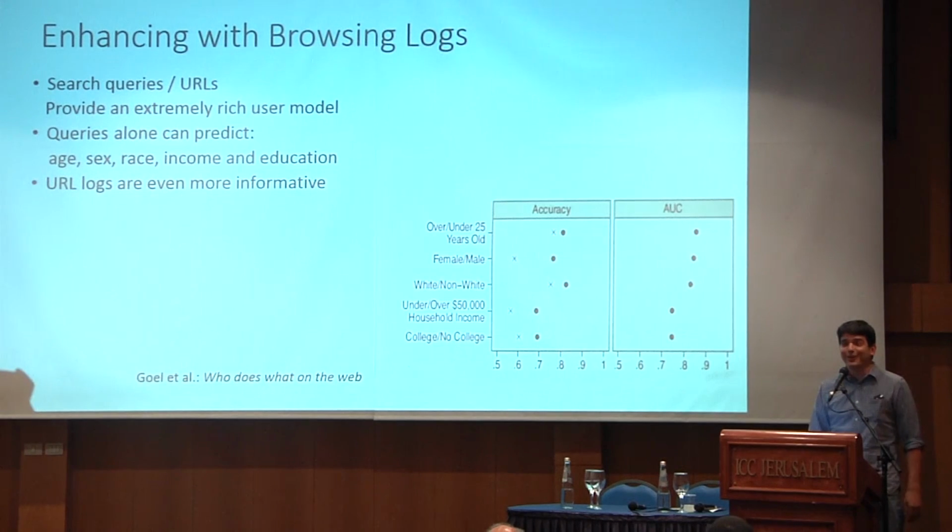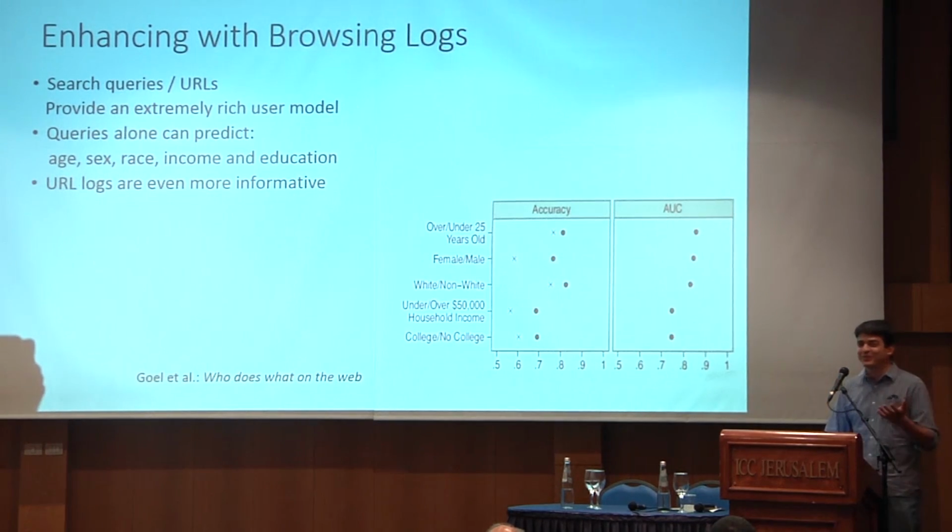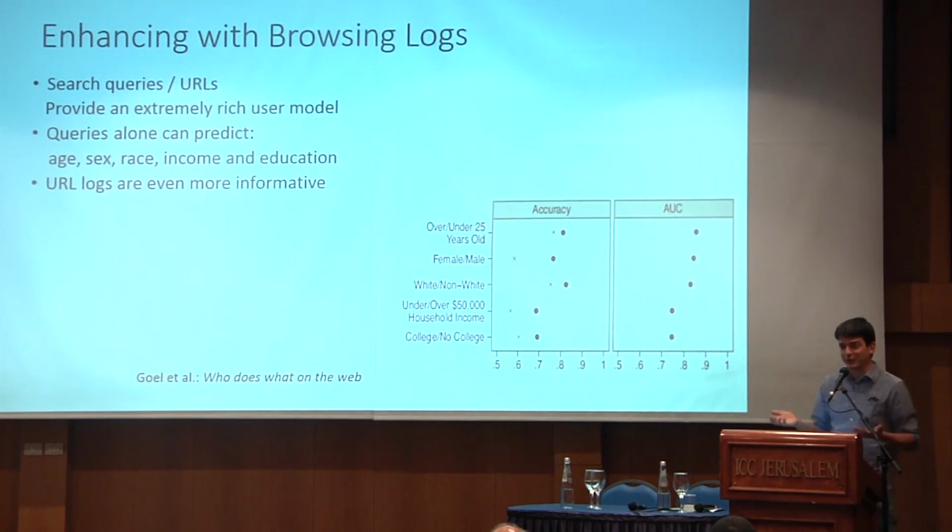And URLs are even better than that. Just consider the situation where you have an ambiguous query. There's the information retrieval example of Jaguar the car versus Jaguar the cat and so forth. Usually, that ambiguity is immediately resolved with the URL that you visit following your query.